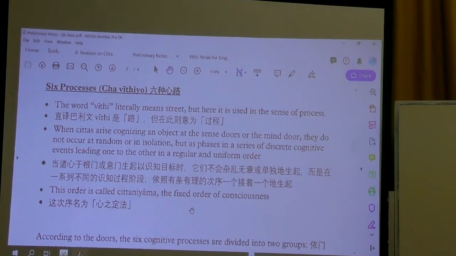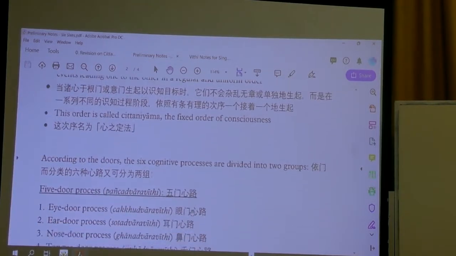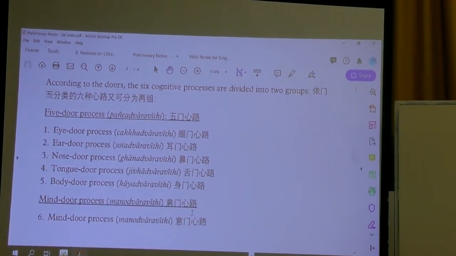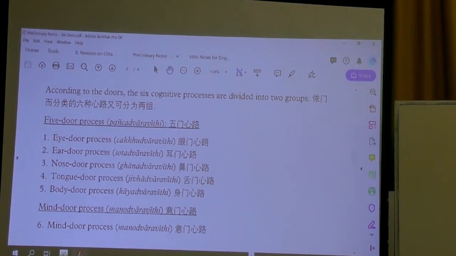Now, according to the door, the six cognitive processes are divided into two groups: the five-door process and the mind-door process. The five-door processes are the eye-door process, ear-door process, nose-door process, tongue-door process and body-door process.